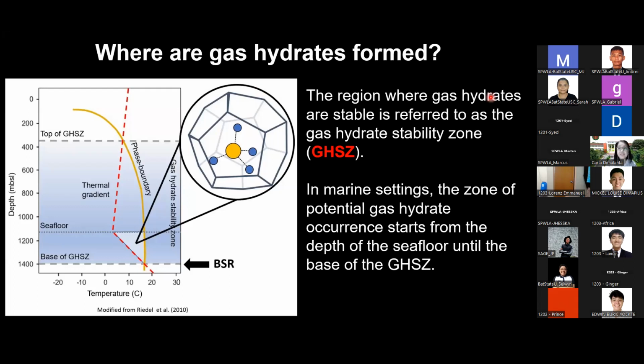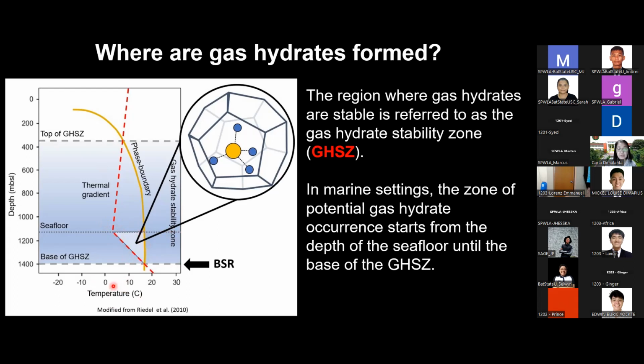This region where gas hydrates are stable is referred to as the gas hydrate stability zone, so that's the GHSZ. In this diagram here, you can see that beneath the seafloor, you will have to look for the optimum conditions in terms of temperature and pressure. Here you see the temperature. You have to look for the temperature and pressure conditions which will allow gas hydrates to accumulate.